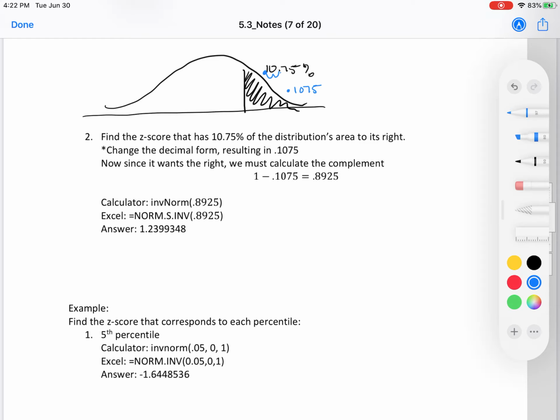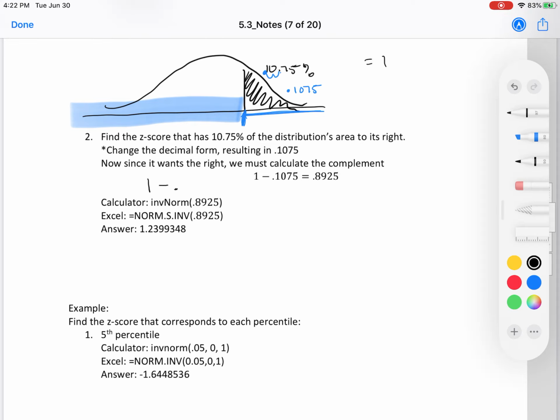Alright, well, if we want the value to the right, we have a problem, because it's going to give us the z-score corresponding to the value from 0 to the left. So let's go ahead and subtract. We have to do some busy work in between. So I do 1, because I know the whole probability is equal to 1, minus the percent we want.